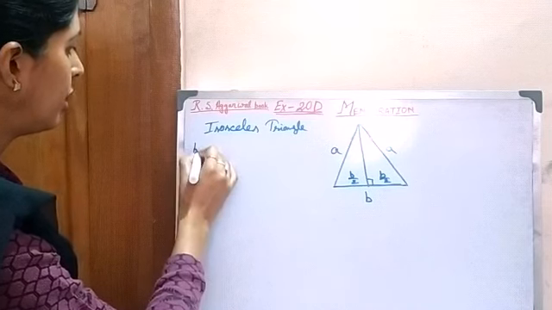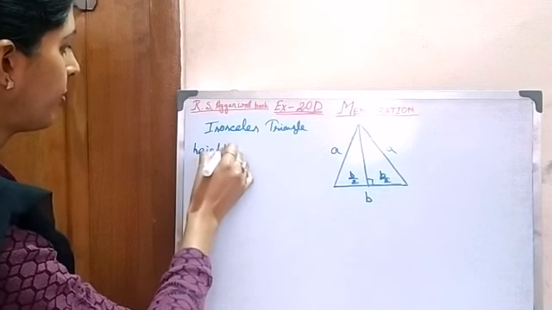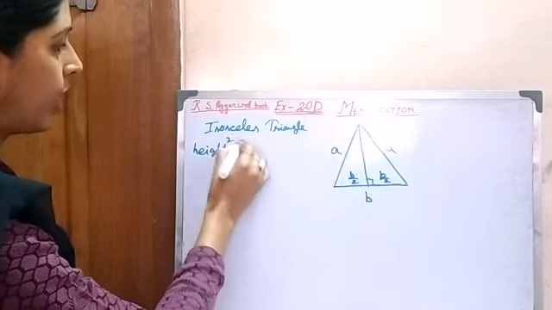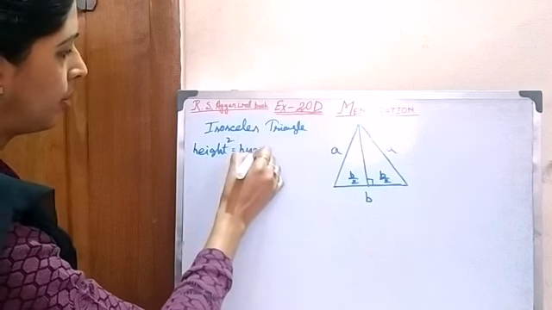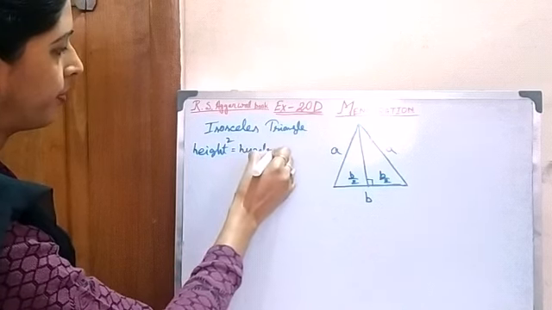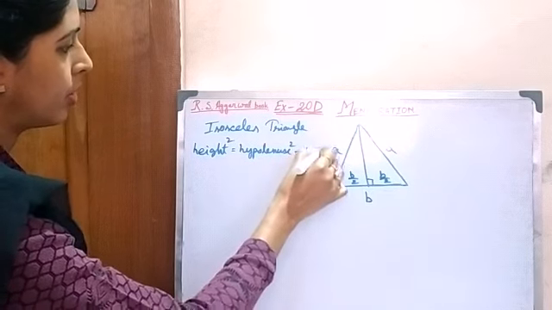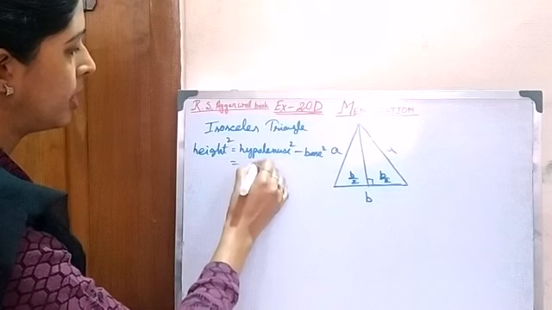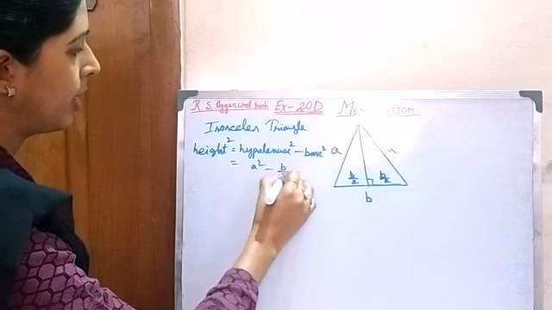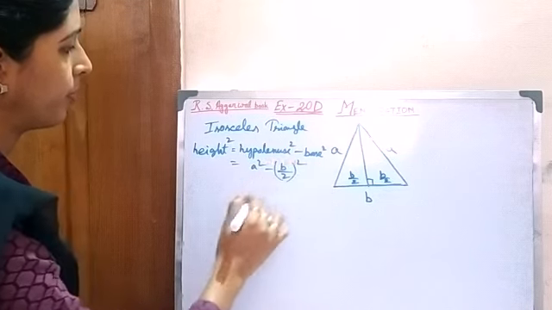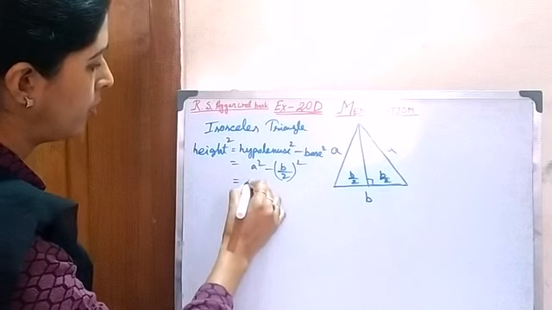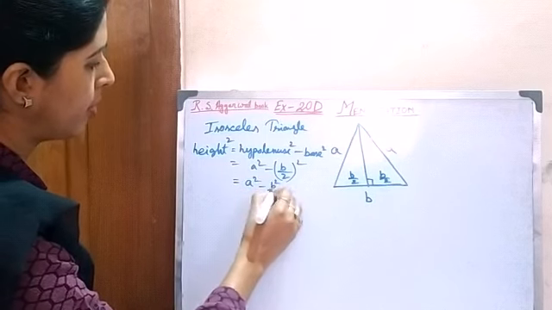So height square equal to hypotenuse square minus base square. Hypotenuse square means a square, minus b by 2 whole square. Now a square minus b square by 4.